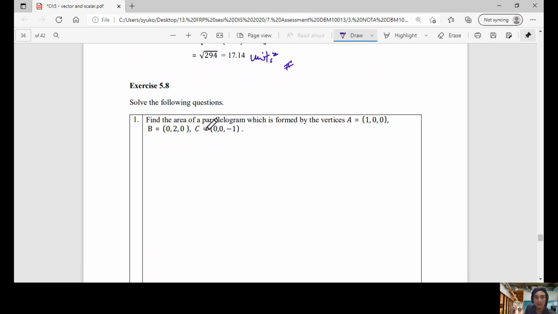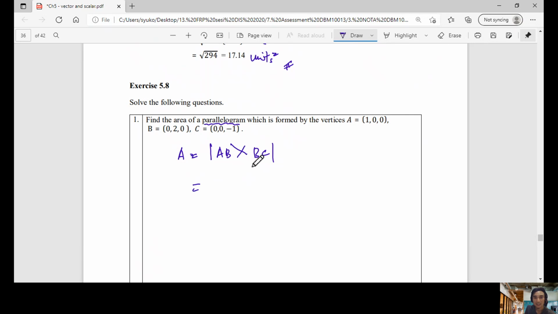So in this question, it just asks you to find the area of a parallelogram which is formed by the vertices A, B, and C. So which means the area of the parallelogram is related to the vector AB times BC, because we just have 3 vectors only. If we have 4 vectors, we can apply AB times CD and so on. Okay, so this is the formula.